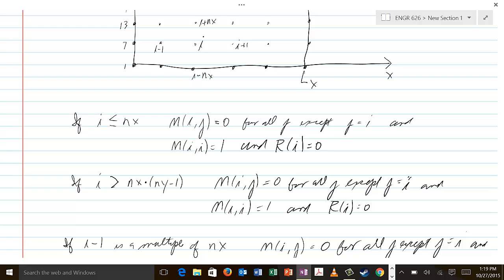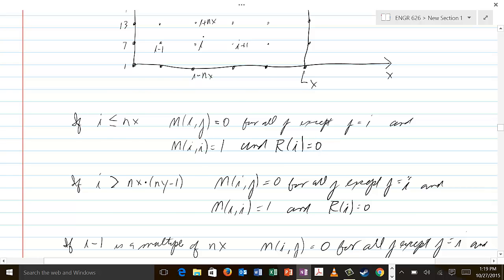And just as was the case in those problems, it's real easy to handle that kind of boundary condition. All of the matrix elements in that row will be 0, except for the diagonal element, and the diagonal element will be equal to 1. And the right-hand side for that row will be 0.